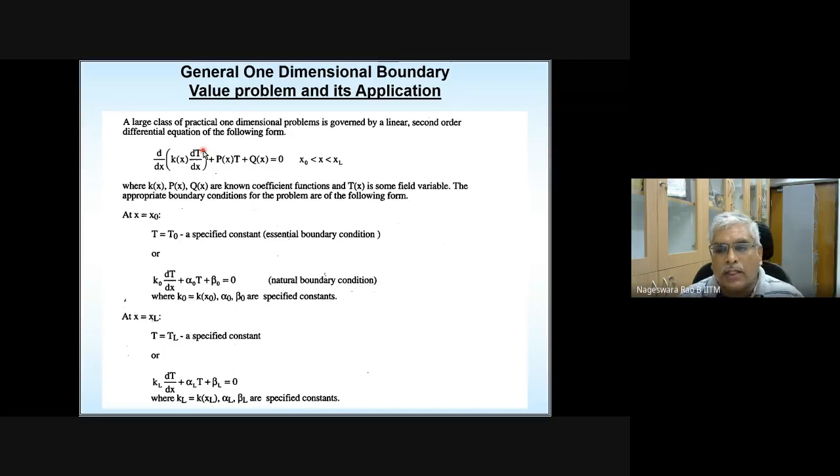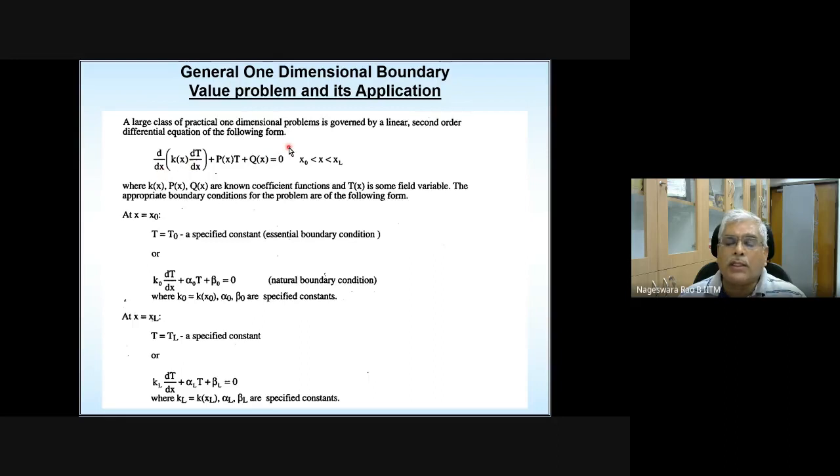T can be your displacement, or your angle of twist, or, for whatever applications you have seen, I am just telling, T can be the temperature. So T is a field variable, and these are some coefficients: K as a function of x, P as a function of x, Q as a function of x.